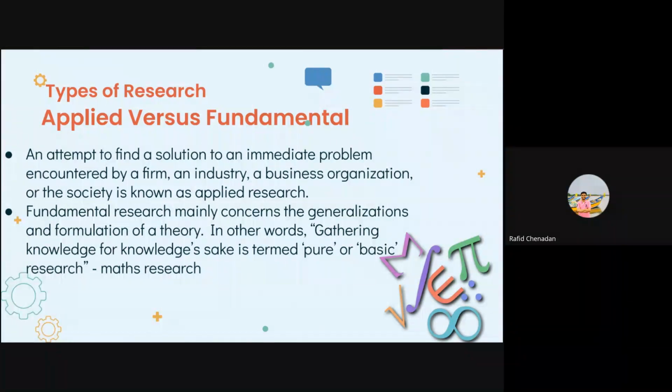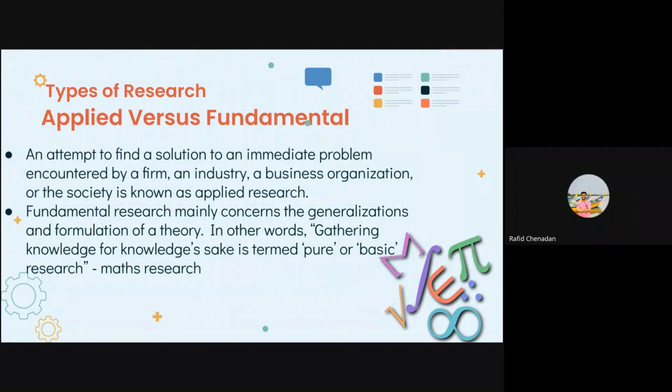There were researches that happened to find the value of pi. So what is the value of pi? And those researches are just about the value of pi. It's not applicable to anything concrete in our real life. So then we are engaging with an abstract concept. Such an engagement is a fundamental research.